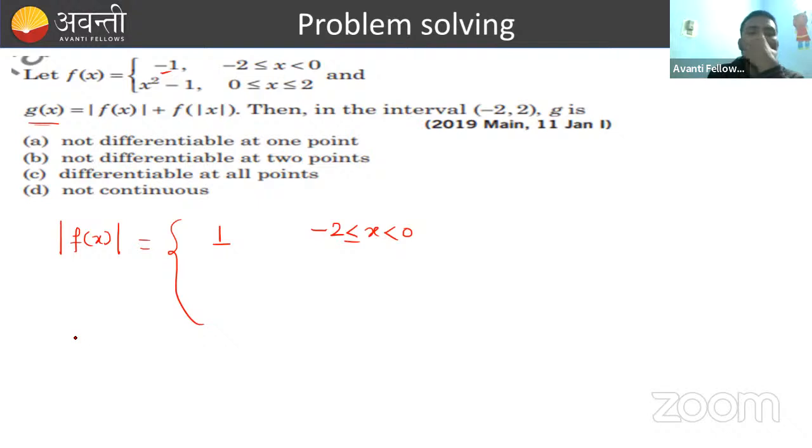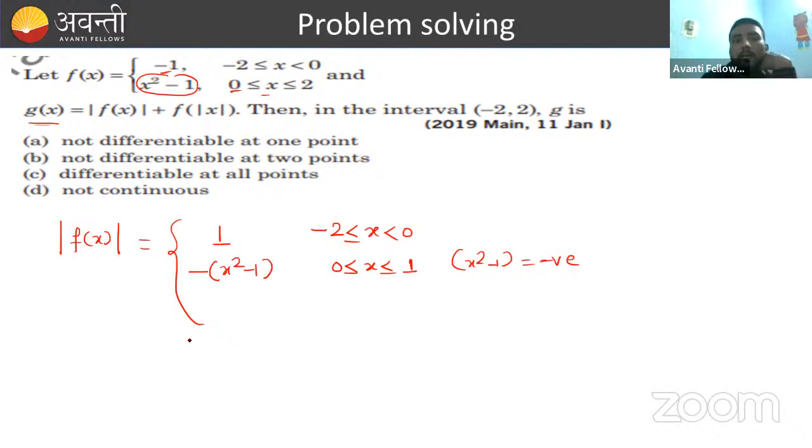But for x square -1, we need to decide when it is positive and when it is negative. From 0 to 1, this value is negative, because for anything less than 1, x square -1 is negative. So from 0 to 1, if we apply mod, there will be an extra minus: minus of x square -1.